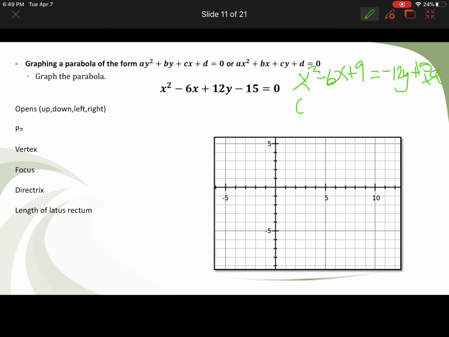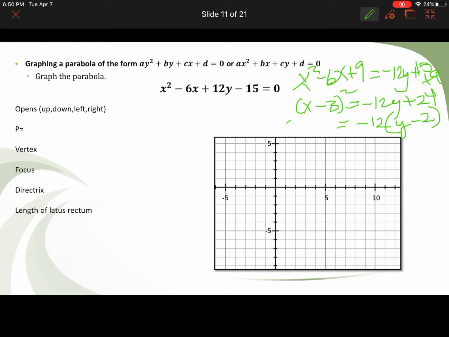That makes it x minus 3 squared. And this side is going to be negative 12y plus 24, which means I can pull out the negative 12, and I have y minus 2.